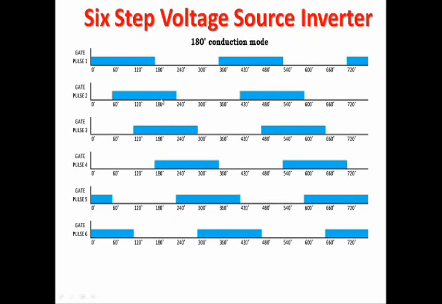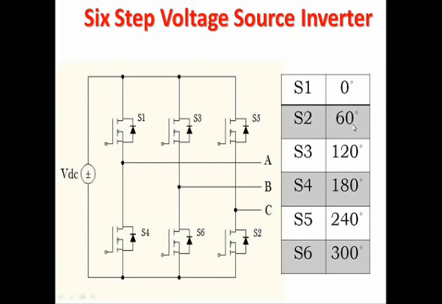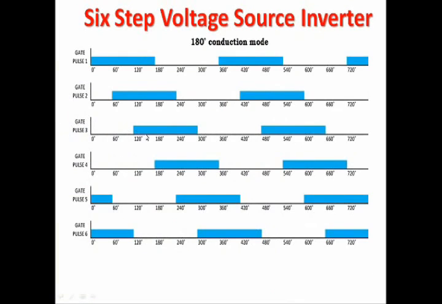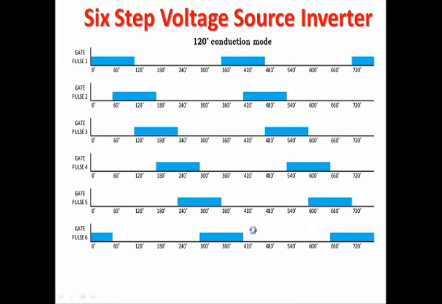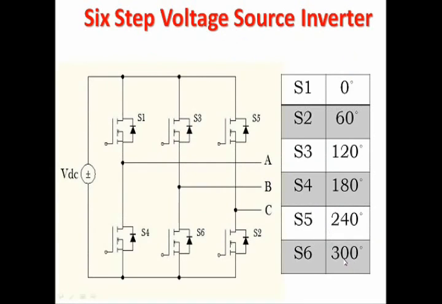Gate pulse 2 arrives at 60 degree. Refer to this table here. S3 has 120 degree, then 180, 240, and S6 is 300 degree. So you may get an idea from this table that each switch is switched on with a phase interval of 60 degree: 0 to 60, 60 to 120, 120 to 180, likewise.